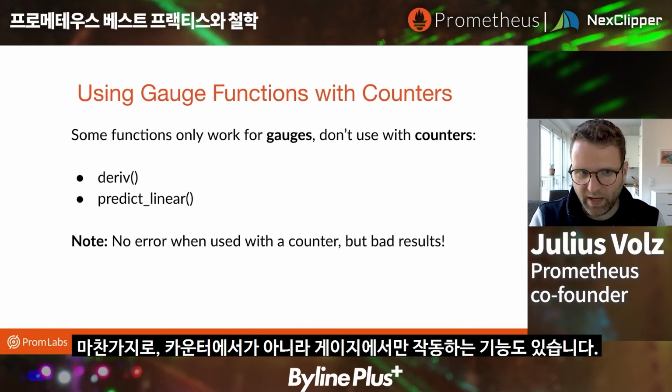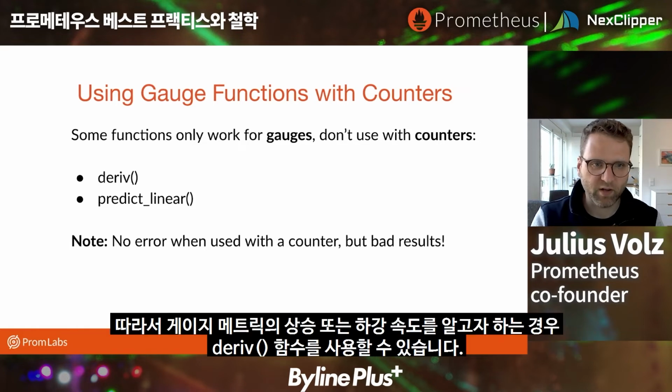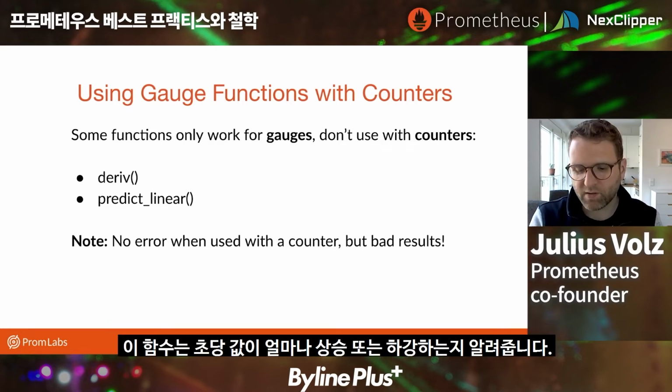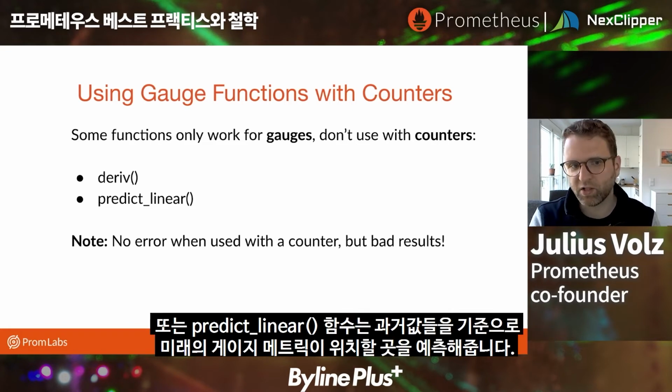Similarly, the other way around, there are some functions that work only for gauges and not with counters. So if you want to know how fast a gauge metric is going up or down, you could use the derivative function, deriv. It tells you how much per second it's going up or down. Or the predict_linear function tells you where a gauge metric is predicted to be in the future based on its past development.